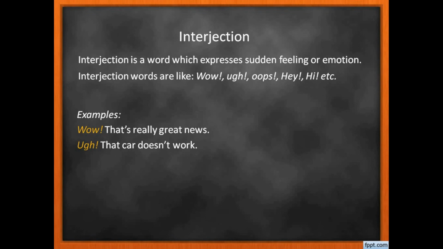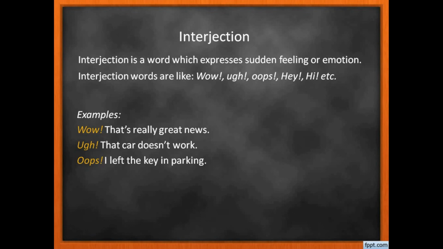The next one is oops. For example, oops, I left the key in the parking. Oops is a word we use when we realize that we have forgotten something. And the last two words, hey and hi, are used when we meet somebody or call out to someone.